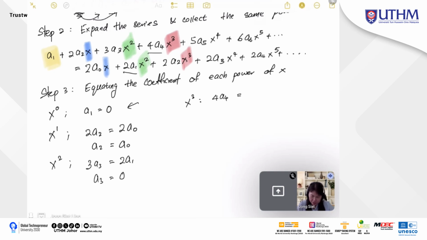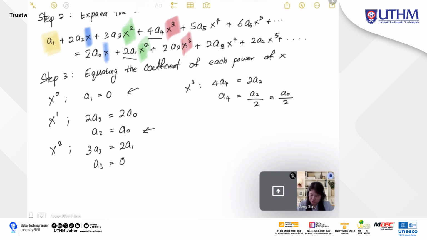At the right hand side, you have 2a2. So a4 equals 2a2 over 4, which simplifies to a2 over 2. A2 equals a0, so you can substitute a2 with a0 over 2.